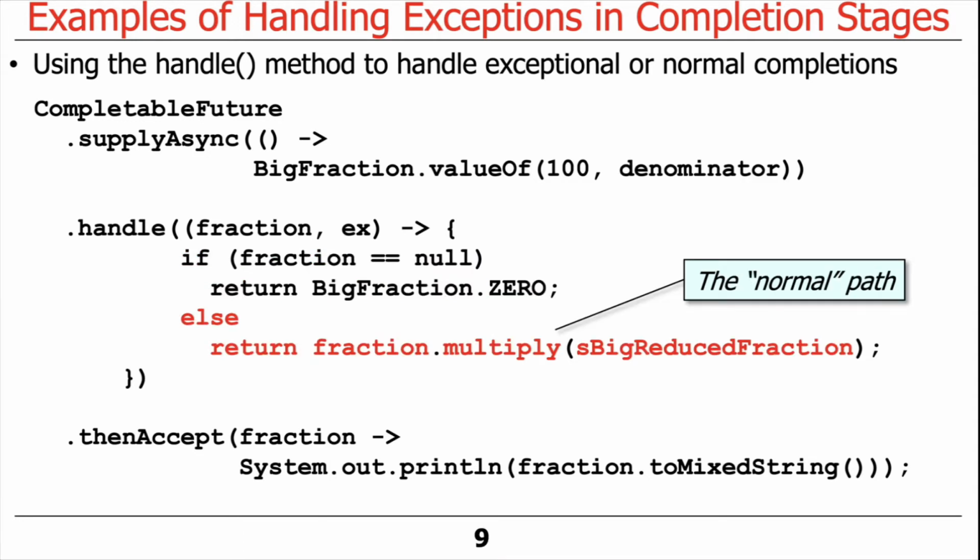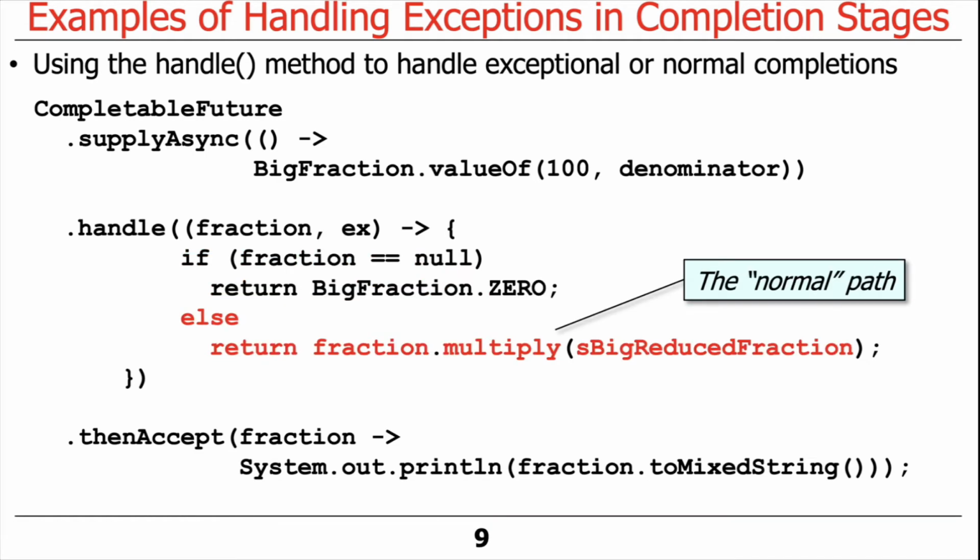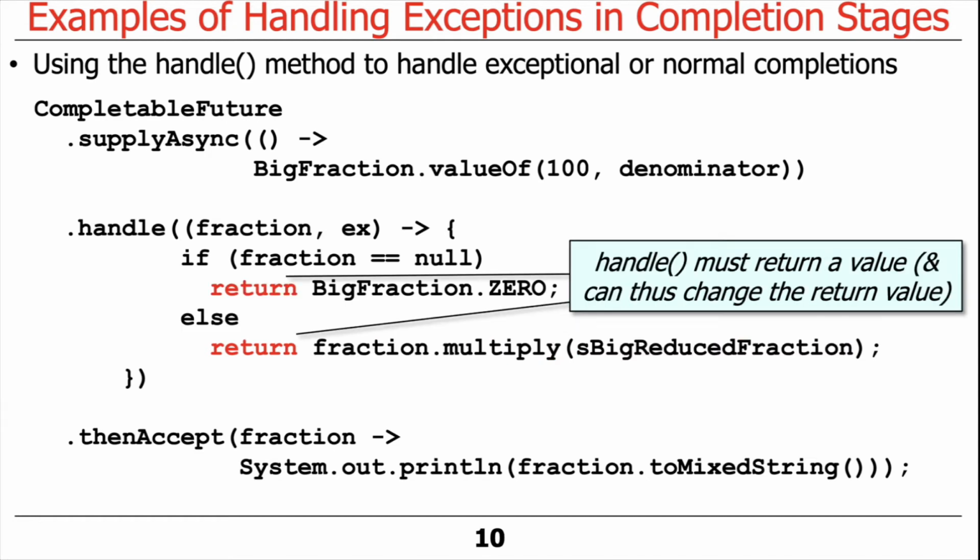Otherwise, if all goes well and we have the normal path where there was no exception, then we're just going to take the fraction, because we know it's non-null, and multiply it by some big reduced fraction to get a result. So that's the normal path. Here's the exception path where we swallow the exception. There's the normal path where we don't. And in either case, we give back a value from handle.